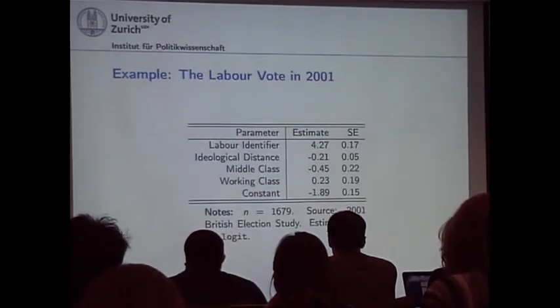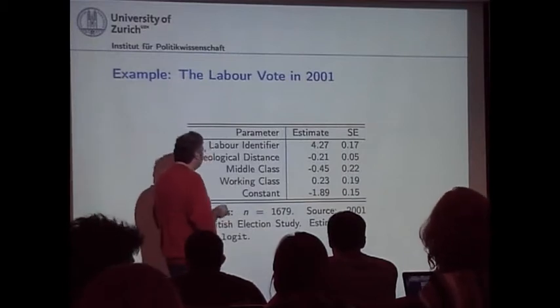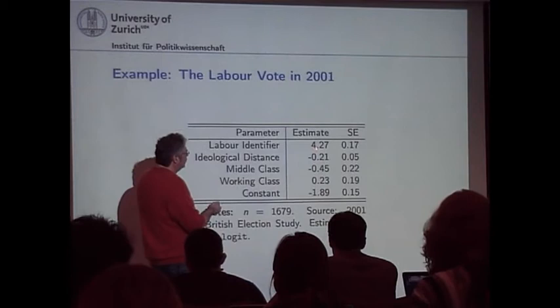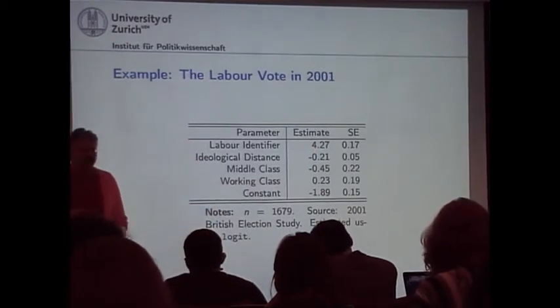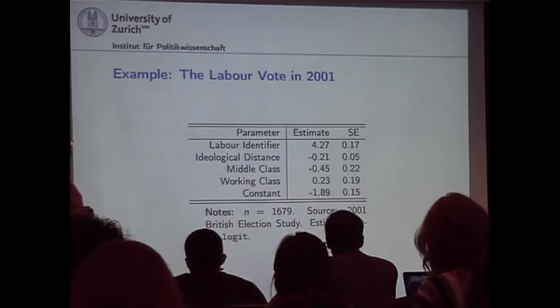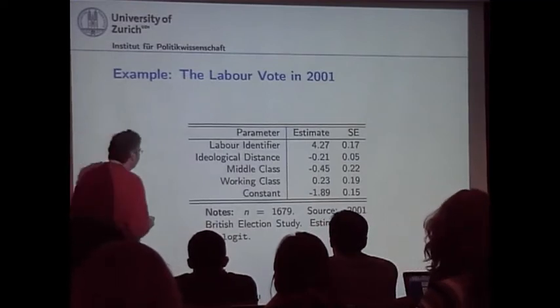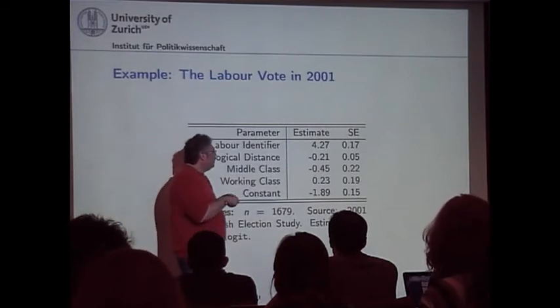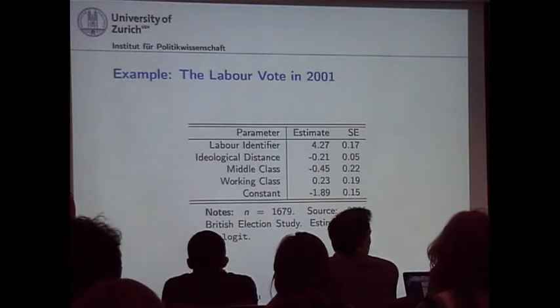And this is, for my example, what the Logit estimates look like. Big effect, highly significant for being a labor identifier. That's almost tautological, but I put it in there. Big negative effect, relatively big negative effect for ideological distance.